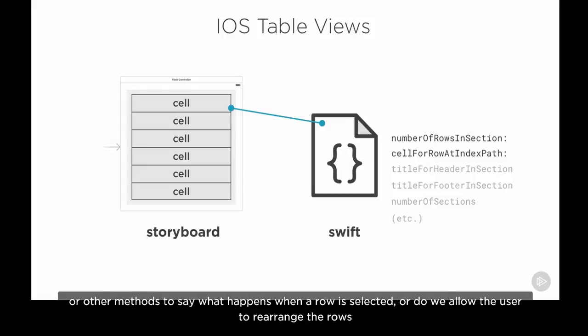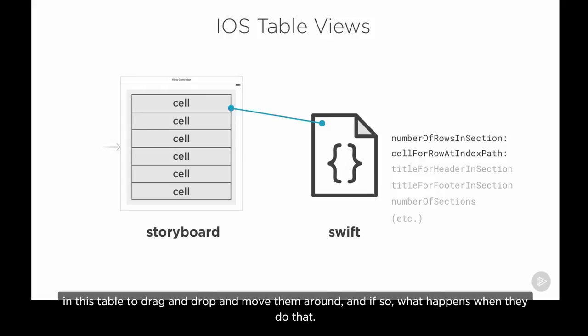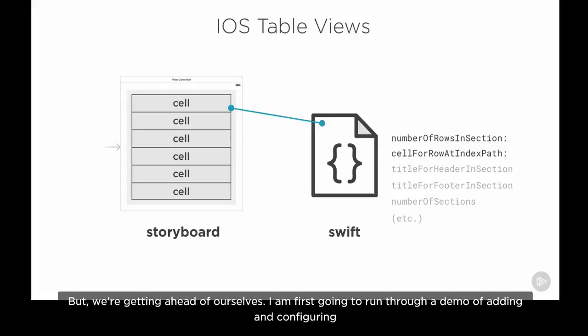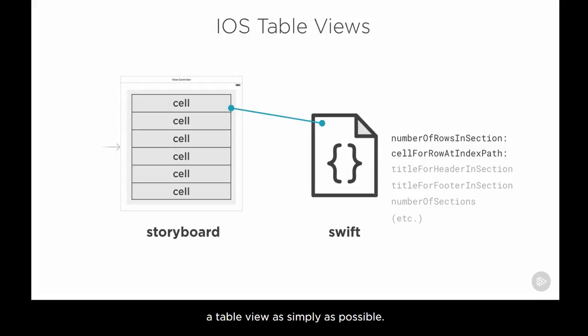Or other methods to say, what happens when a row is selected? Or do we allow the user to rearrange the rows in this table, to drag and drop and move them around? And if so, what happens when they do that? But we're getting ahead of ourselves. I am first going to run through a demo of adding and configuring a table view as simply as possible.